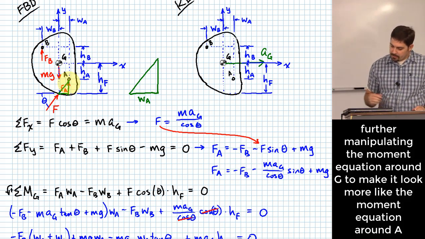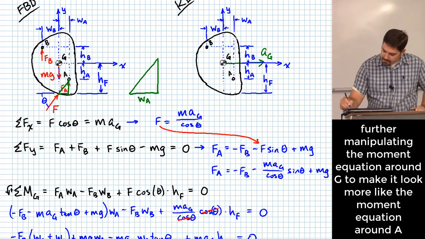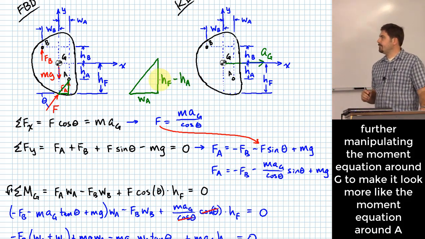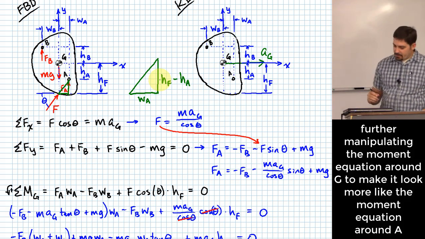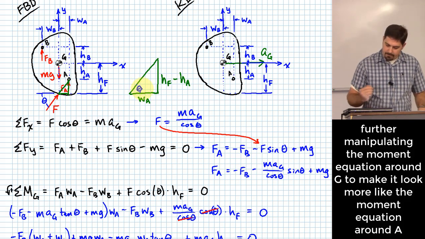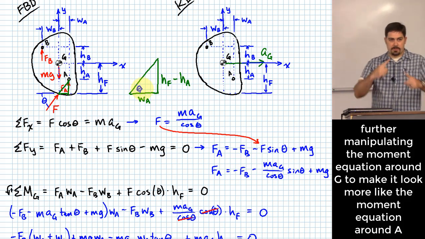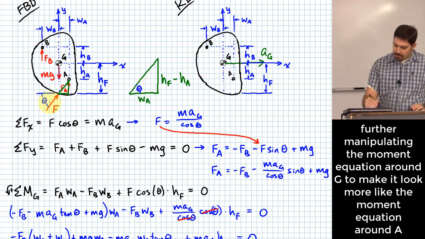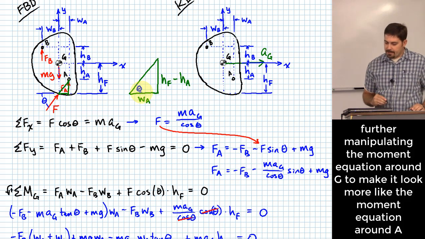The other thing that we know is that over here, this height is HF minus HA. Okay? And the last thing that we know that could be useful to us is that this angle right here is theta. Okay, we know that because those are just basically two intersecting lines, and this was theta over here, so that must be theta over there.